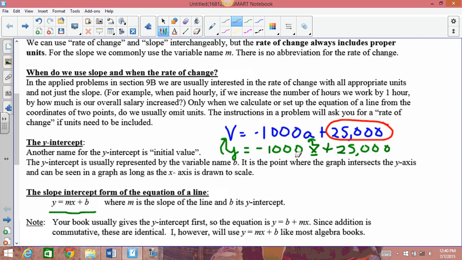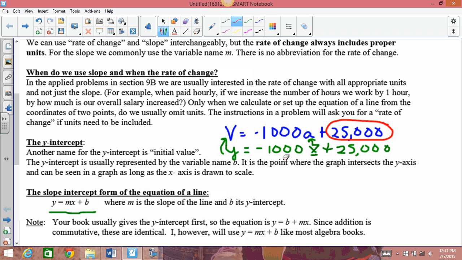I'll have you interpret the slope in a few moments, and so for here you always want to be sure that you state what's on the x-axis, what's on the y-axis, whether it's increasing or decreasing, and then by how much. So this is what I mean by that. Here my slope is negative 1,000. So a good interpretation of that would be that every year the value of the car decreases, because it's negative, by $1,000.